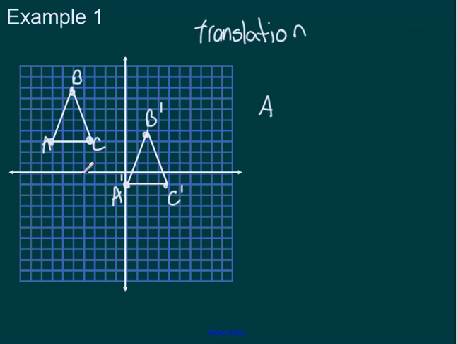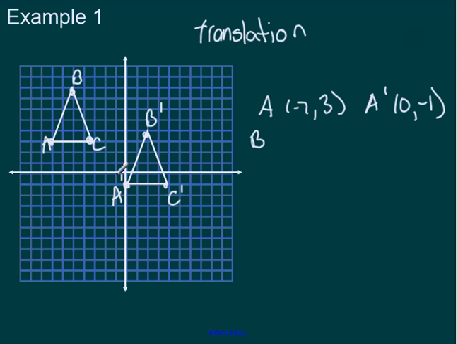So point A is 1, 2, 3, 4, 5, 6, 7 left, so that would be -7, and then up 3, which would be -7, 3. A prime is at, I don't go left or right on the x-axis, so that's 0, and then -1.